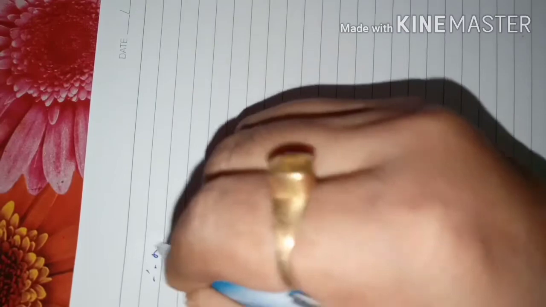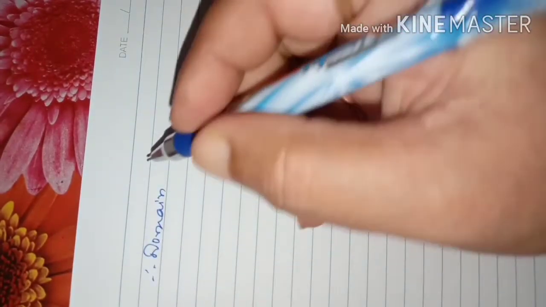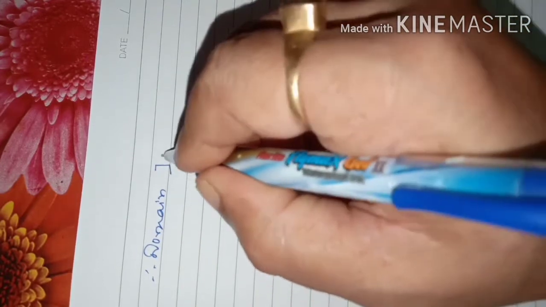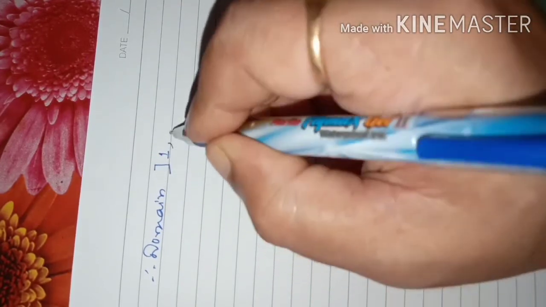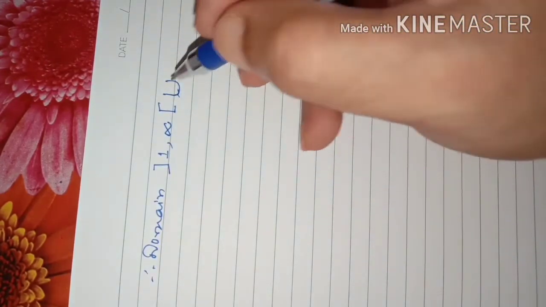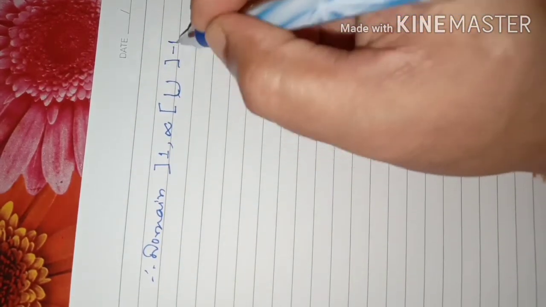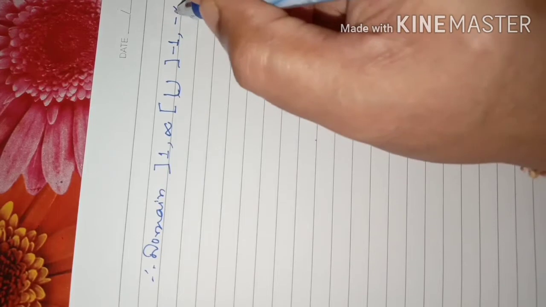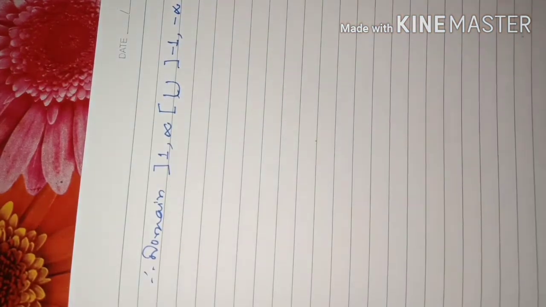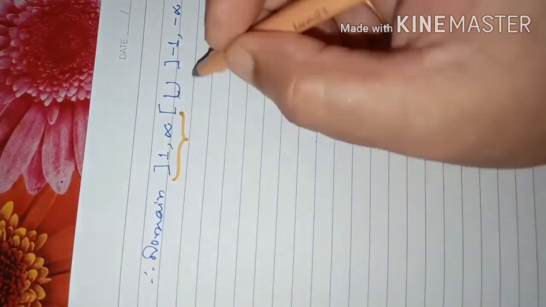Therefore, one set will be 1 to infinity, and another set as a union will be minus 1 to minus infinity. So these two sets of values will be the domain.